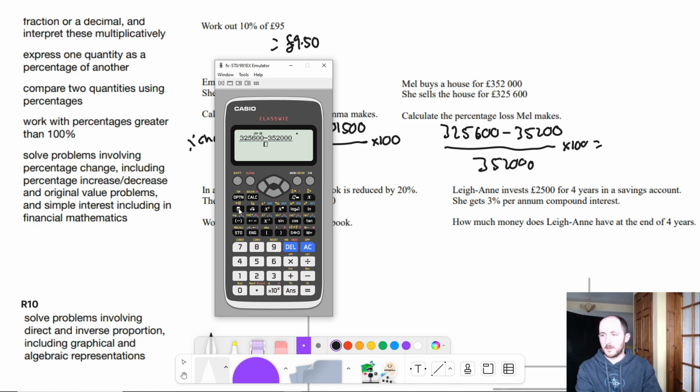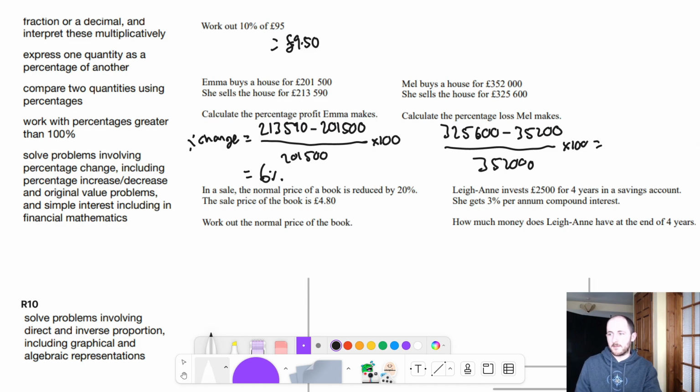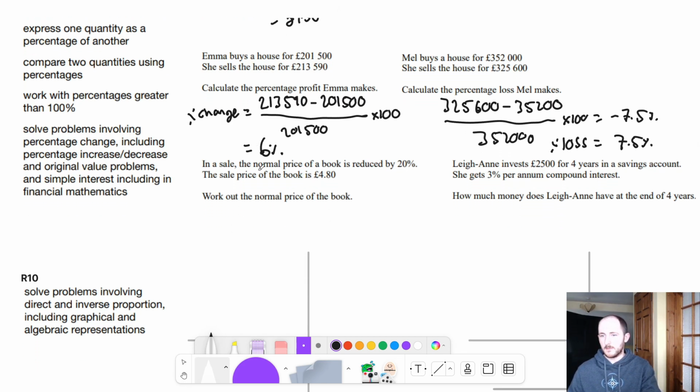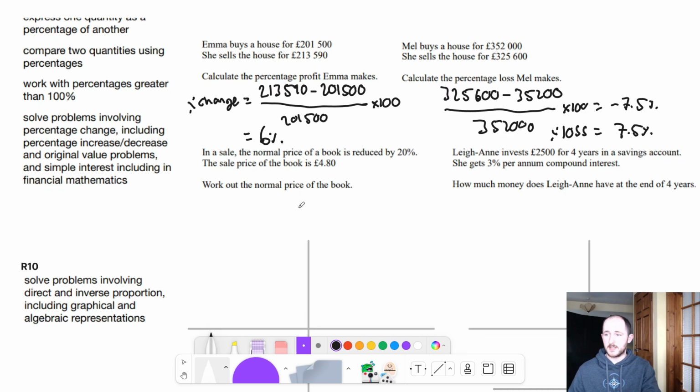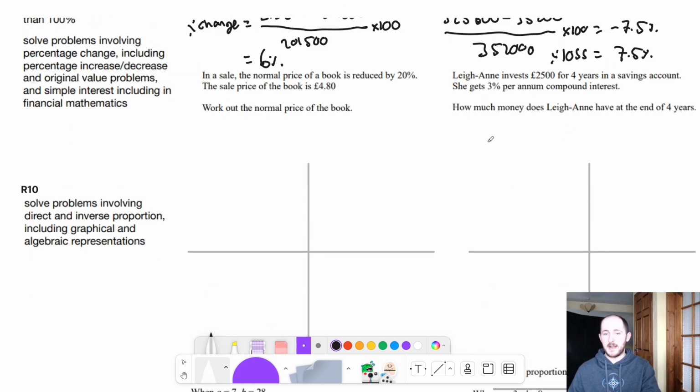Should be another 0 on that top one. And so yeah, we get 7.5%, negative 7.5%. So if they're asking me what the percentage loss is, it's just 7.5%.